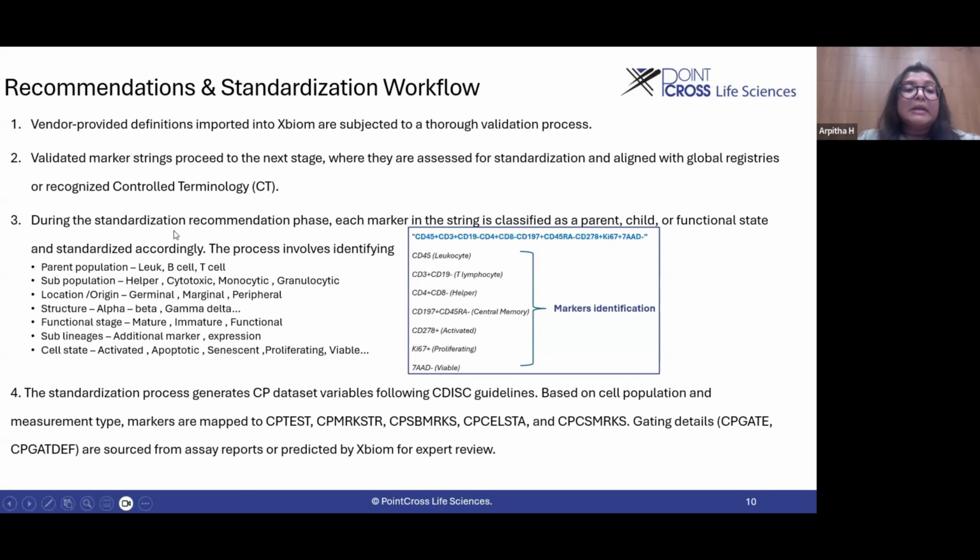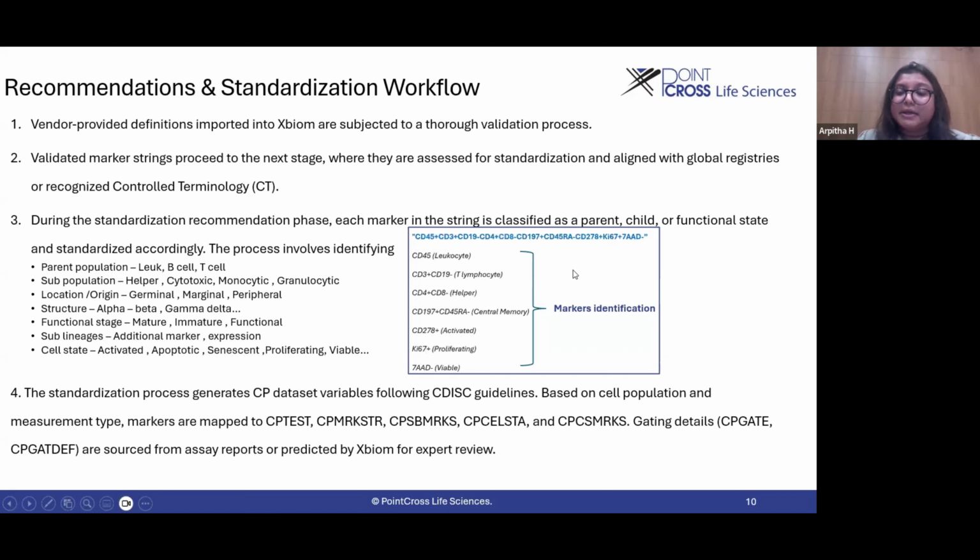During this stage, each of the markers in the string would be identified and classified to determine whether these markers belong to a parent population or define subpopulations, or are markers which denote the structural or functional state of a cell. It processes each of the markers in the string and categorizes them as parent, child, and so on, and these classifications help to ensure consistency during the standardization process.